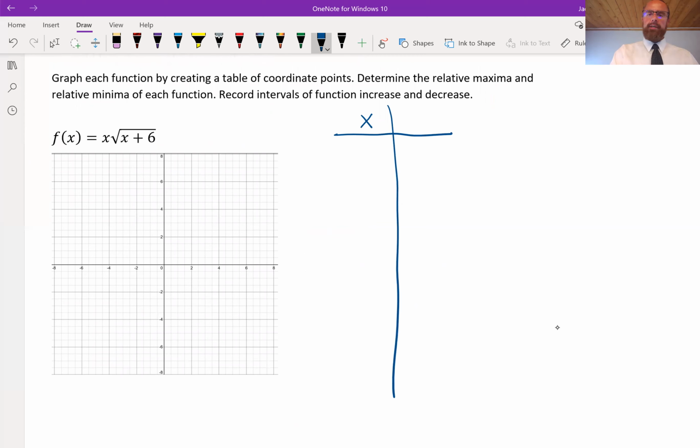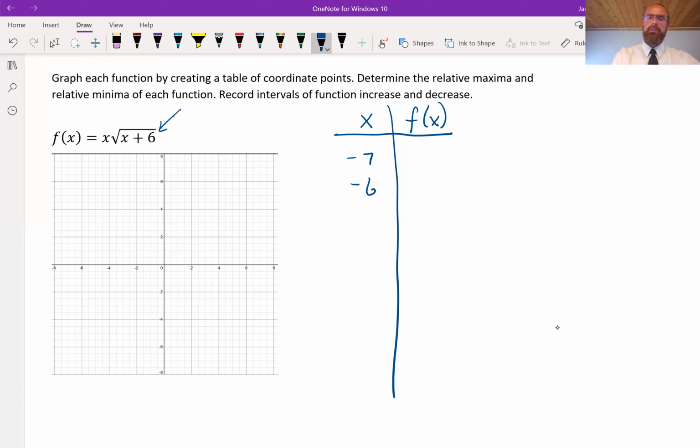X and f of x. Again, the x column is our domain. And let's start here. Since I'm seeing this +6, I'm going to put -6 and on. So -6, in fact, let's back up and put -7 so we can see what happens there.